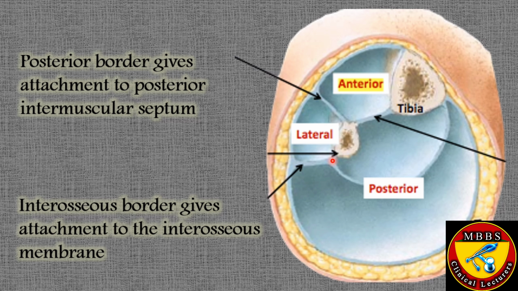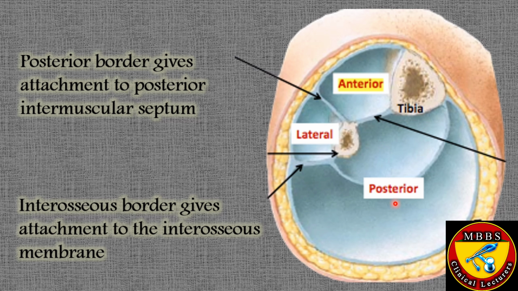This is the posterior intermuscular septum, attached to the posterior border of the fibula, and this intermuscular septum divides the lateral compartment from the posterior compartment. This whole is the posterior compartment, which is largest among all. This is the anterior compartment, and this is the lateral compartment. So the lateral compartment is separated from the posterior compartment.